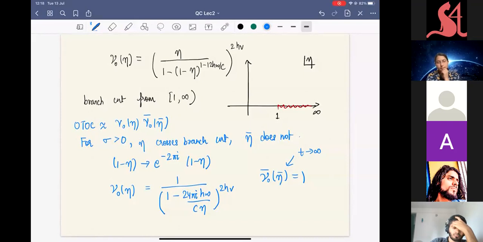For the POC kind of ordering, it does not cross the branch cut. For the OTOC, it crosses the branch cut, takes you to the other sheet, and hence you get the different behavior. Okay, thanks. Any more questions?